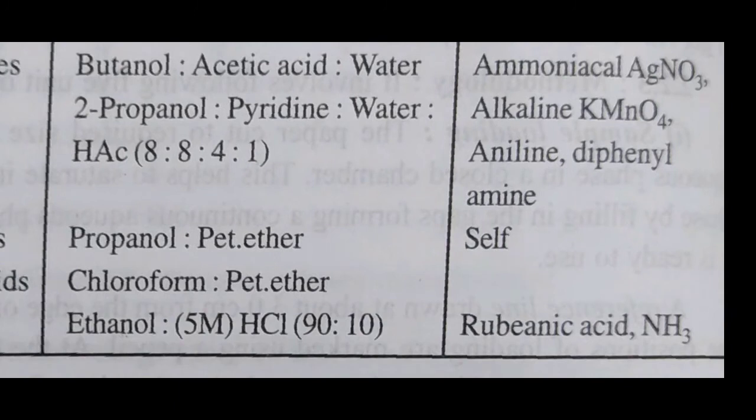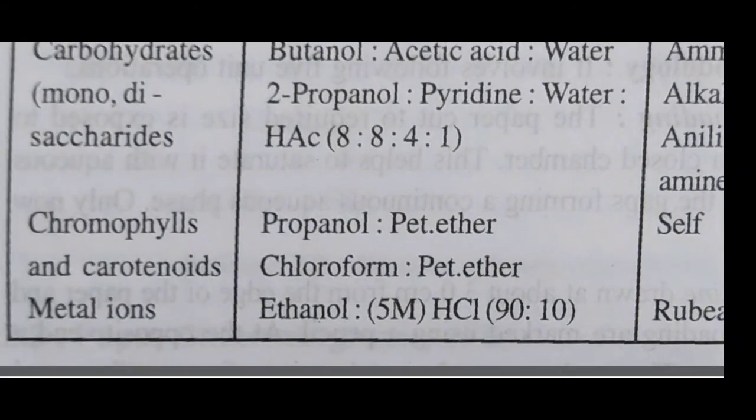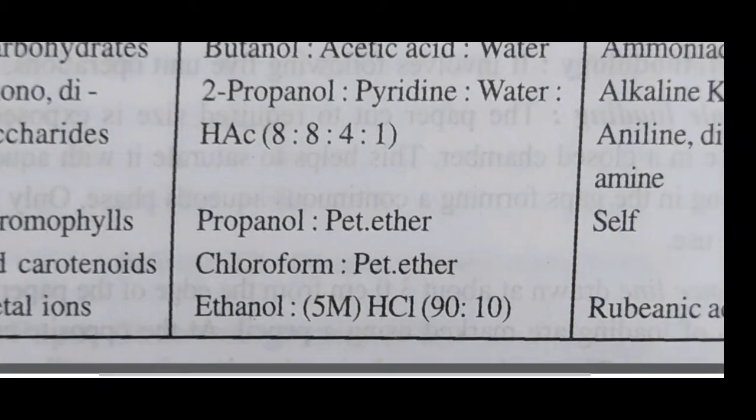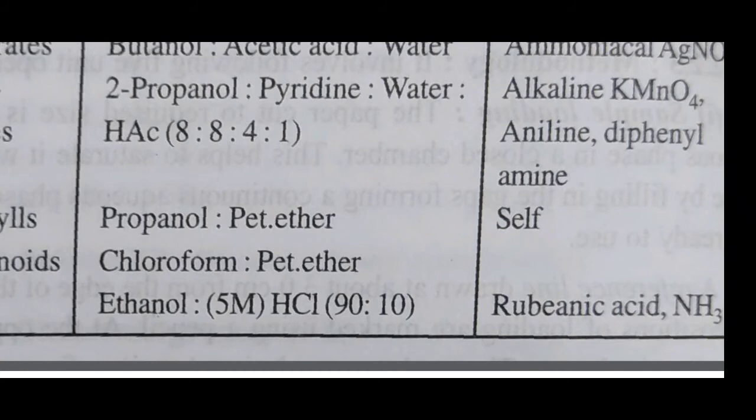Then the third one is chromophores and carotenoids or metal ions. These are compounds containing chlorophylls or carotenoids or metal ions. The solvent system may be propanol, petroleum ether, or chloroform, petroleum ether, or ethanol, HCl.